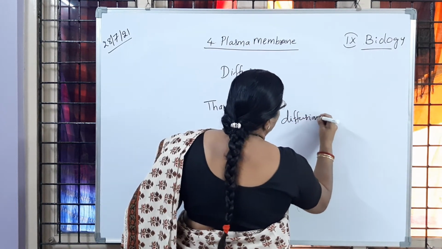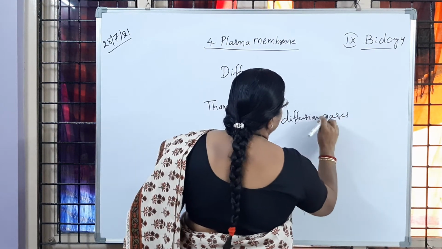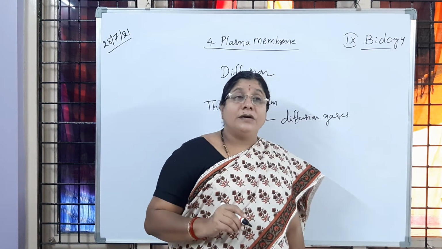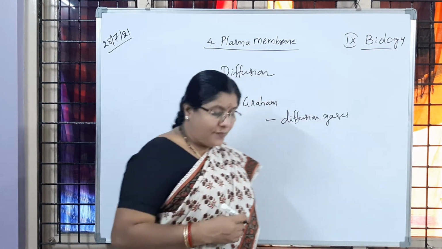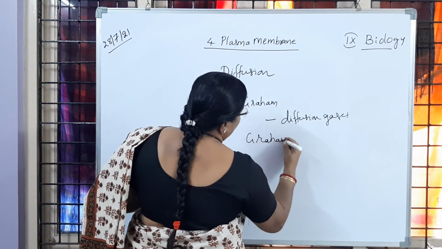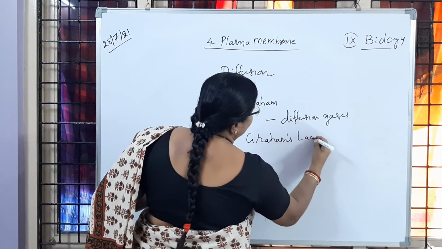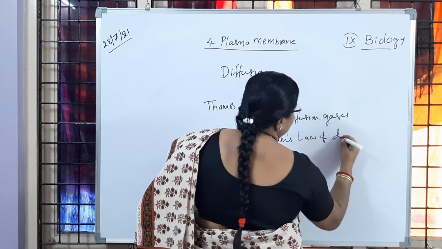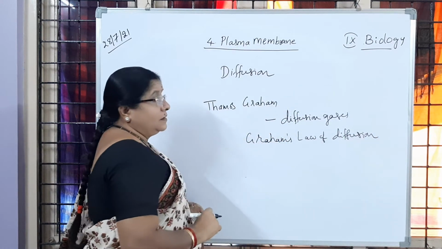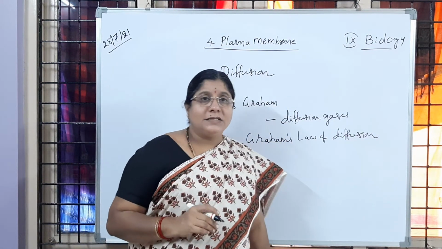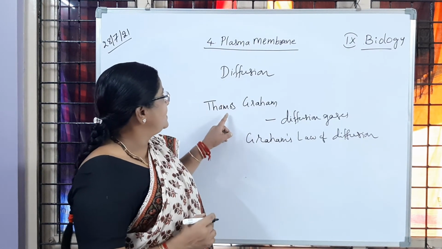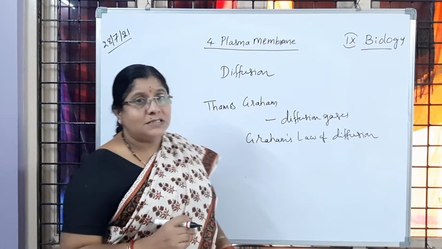Diffusion of gases was studied by Thomas Graham, which is popularly known as Graham's law of diffusion. About that we will learn in higher classes. So diffusion of gases was for the first time studied by a Scottish scientist, Thomas Graham.